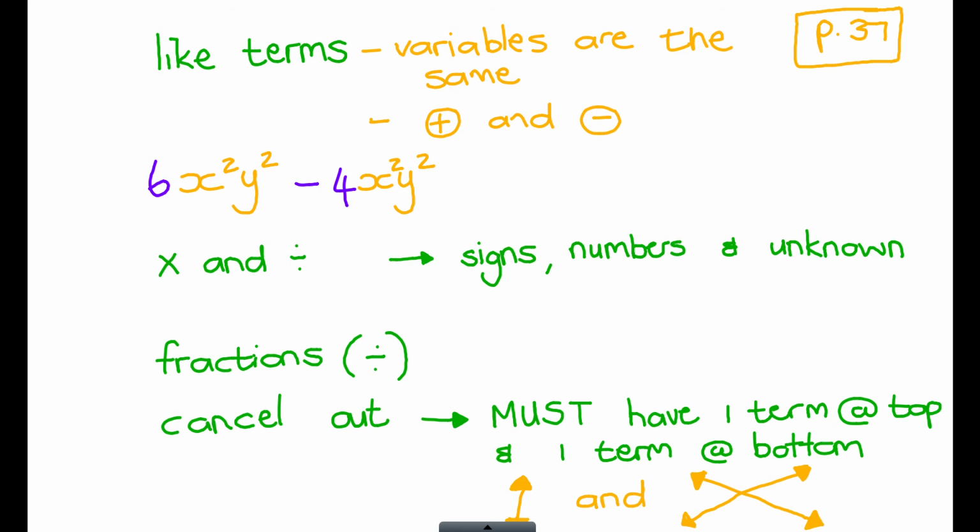Okay, now we said if they are like terms, I am allowed to go and add and subtract. So over here, 6x squared y squared minus 4x squared y squared is going to give me how much? 2. And then remember, the variable stays the same. So it's going to stay x squared y squared.